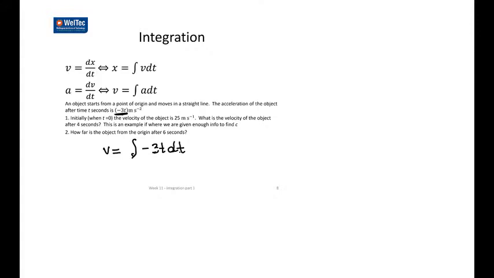which is negative 3t squared over 2, and don't forget plus c. Normally it doesn't matter, but in this case we've got enough information to find c. It tells us that when t is equal to 0, the velocity equals 25 meters per second.